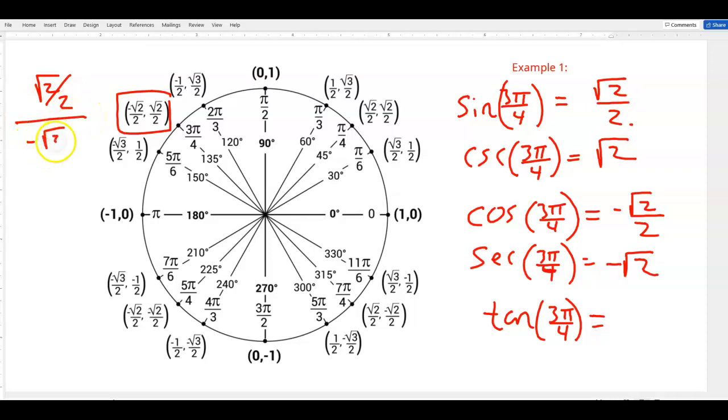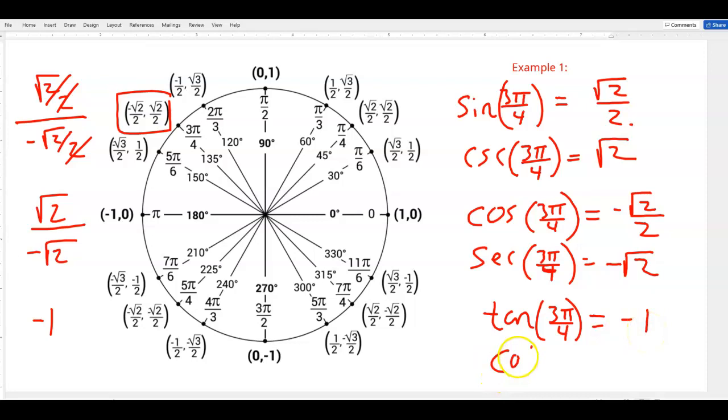It's negative radical 2 over 2. Okay. Well, you can cross the bottoms off if you want. But we still have an interesting situation here. We're dividing square root of 2 by square root of 2. Well, anytime you divide a number by itself, you just get 1, don't you? But since there's a negative there, it will end up being negative 1. And so tangent is negative 1.